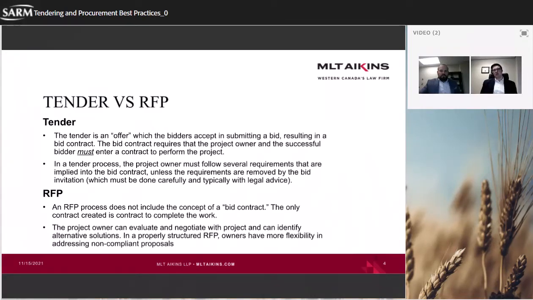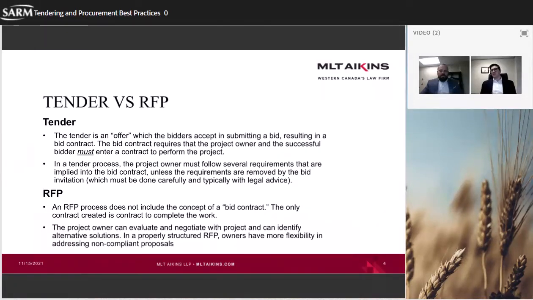In a properly structured RFP, owners have more flexibility in addressing non-compliant proposals, because I'm sure you've all seen documents come through the door from contractors that don't actually comply with what the procurement documents are looking for.